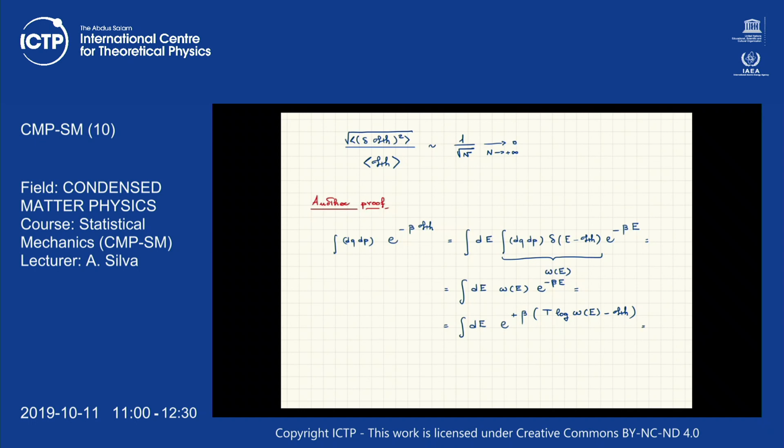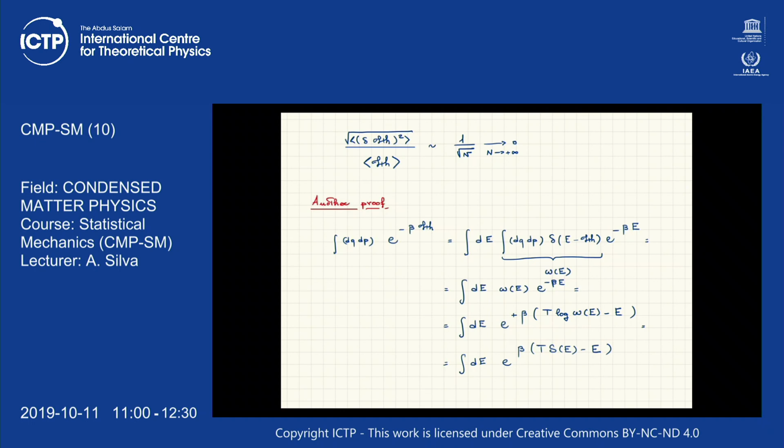So therefore this is equal to the integral dE e to the beta times T S of E minus E, sorry, not minus h. Why did I write h? Okay, so now I have to perform this integral. Is it okay? Good.